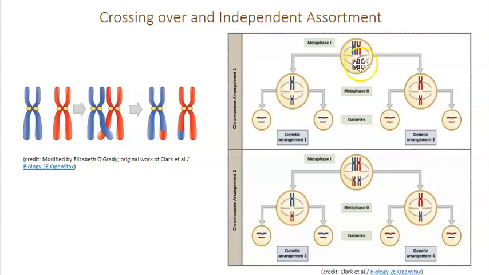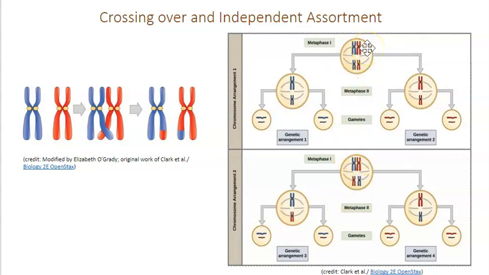You could see that the chromosomes could line up like this, where the paternal chromosomes are on one side and the maternal chromosomes on the other. It's just as likely that when those little tetrads align, you get a maternal on this side, a paternal on this side for one pair, but for the second pair down here, notice that the maternal is on the other side. And so again, it's arbitrary how the chromosomes align.